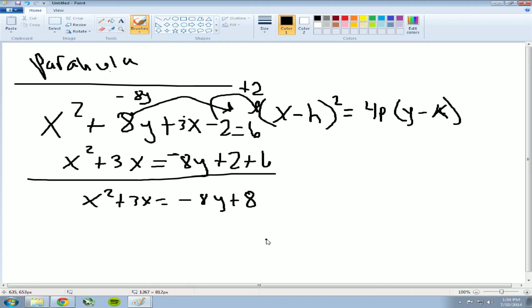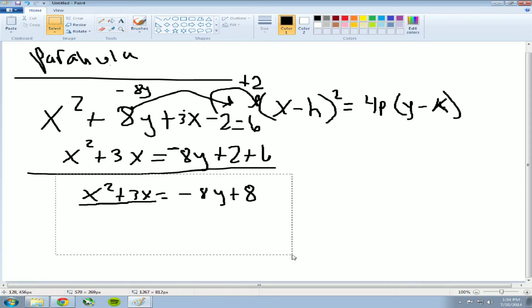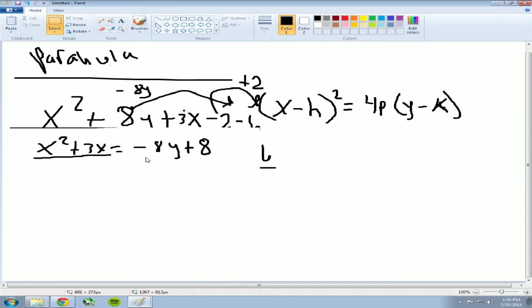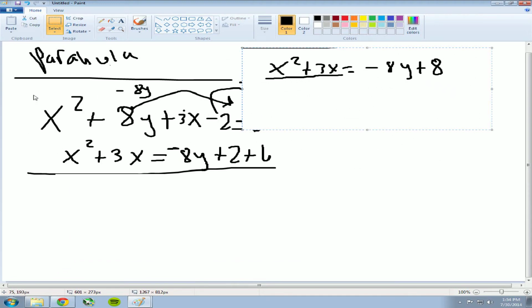Okay. At this point, what I want to do is show you how to complete the square. Right here, it might get a little messy, so I'll move it right here.